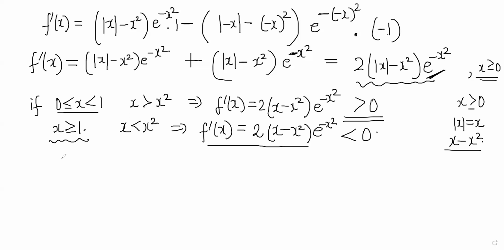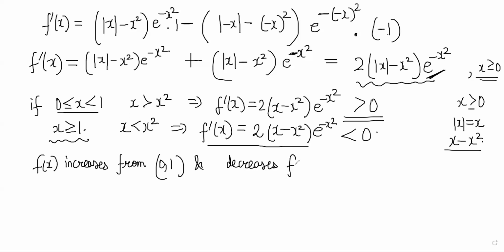So f(x) increases from 0 to 1 and decreases from 1 to infinity. One of the options was f(x) is increasing from 0 to 3/2. But we know that it increases from 0 to 1, not 0 to 3/2. So option D becomes wrong. Option D is incorrect for us.